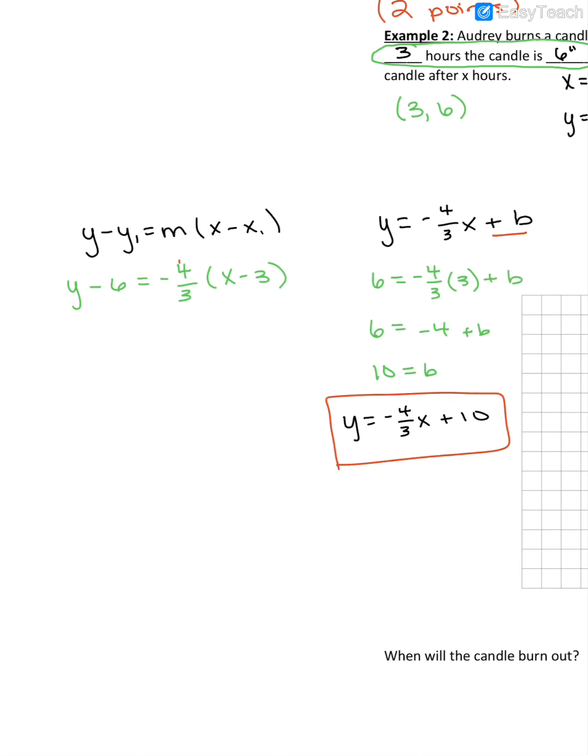Then what you're going to have to do is get rid of those parentheses, so distribute. Negative 4/3 times negative 3 is going to be a positive 4. You're still looking at getting that y alone, so what you're going to do is add 6 on both sides.